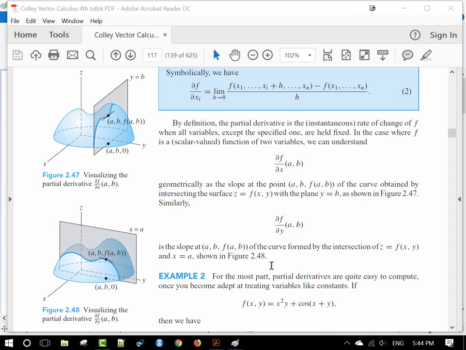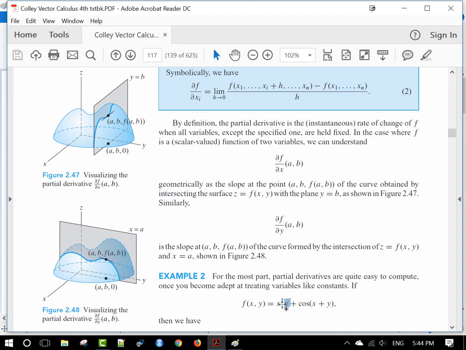So it's very easy to do partial derivatives. For example, here's a function of x and y. If you want the derivative with respect to x, that means you hold y constant. So you just treat y as though it were constant. Like instead of x squared y, you might think, oh, there's a 5 in front of this x squared, and there's no y here.